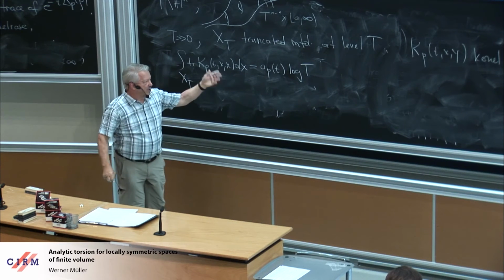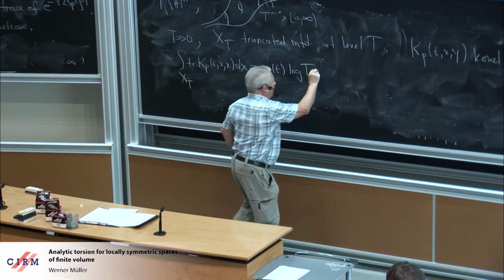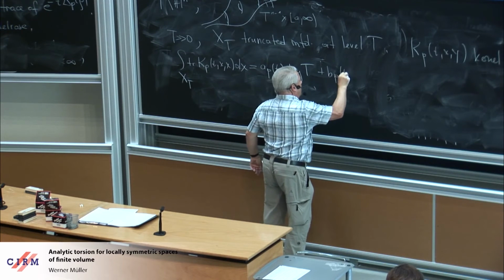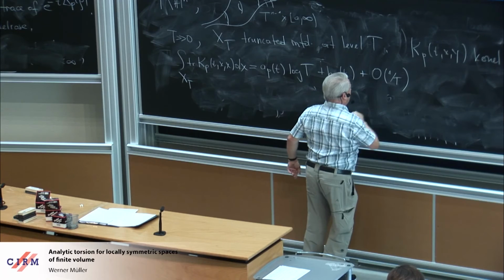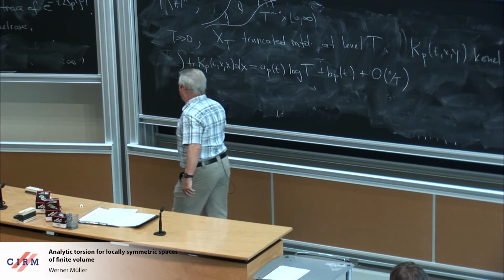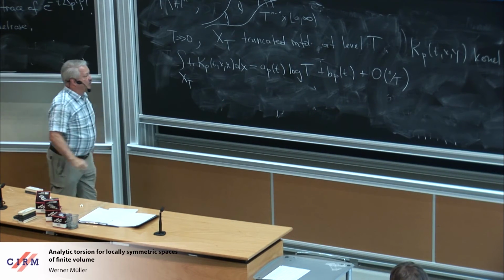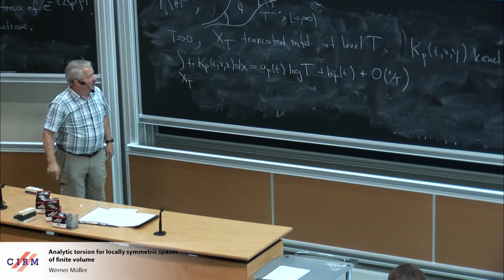Of course it diverges like log t, then there is a constant term, and there's something which goes to 0. And you just renormalize the trace by taking the constant term.